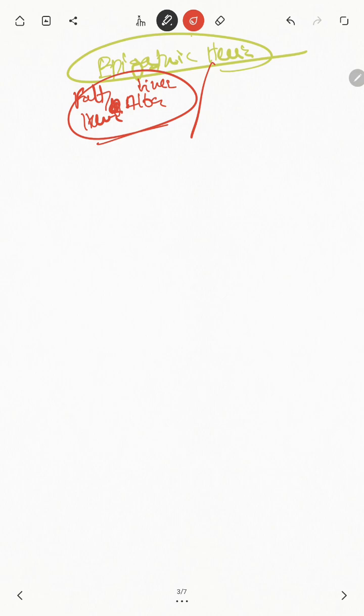Next we will discuss epigastric hernias. These epigastric hernias are also called fatty hernia of linea alba. The most common content of these hernias will be a pad of fat, and there is a transverse defect.